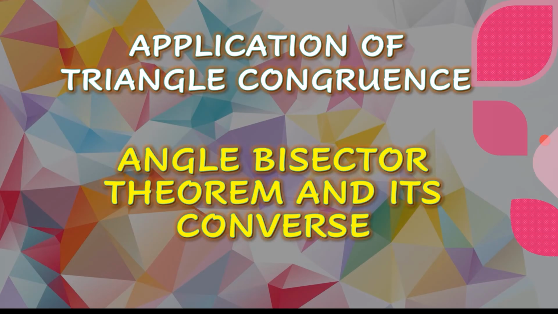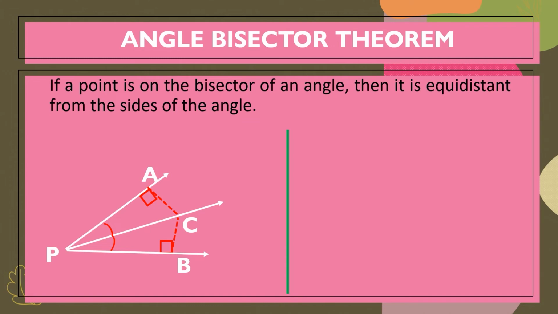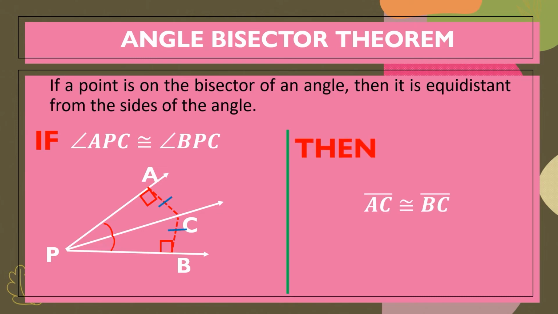Another application of triangle congruence is the angle bisector theorem and its converse. The angle bisector theorem states that if a point is on the bisector of an angle, then it is equidistant from the sides of the angle. If angle ABC is congruent to angle BPC, then segment AC is congruent to segment BC.